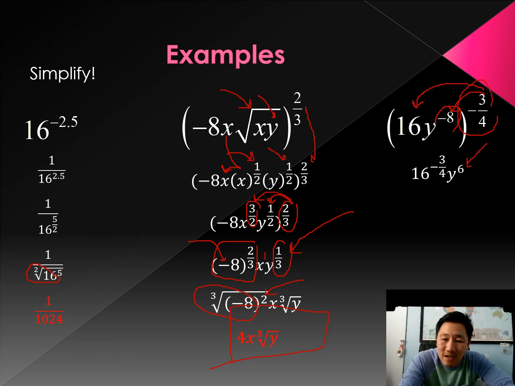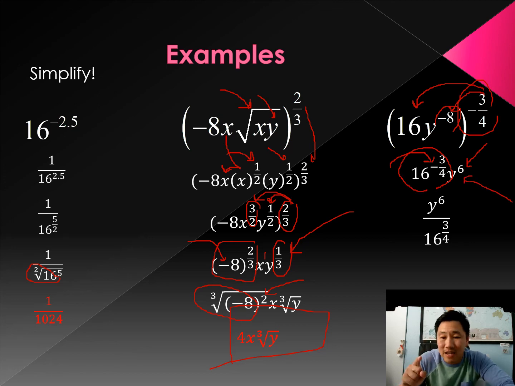Pretty easy. Now, this negative exponent, remember, that's the one that brings it down. So it brings only the 16 down. The y to the 6th power didn't go down. It didn't have a negative in the exponent, so it stays on top. The only thing that goes down is the 16.